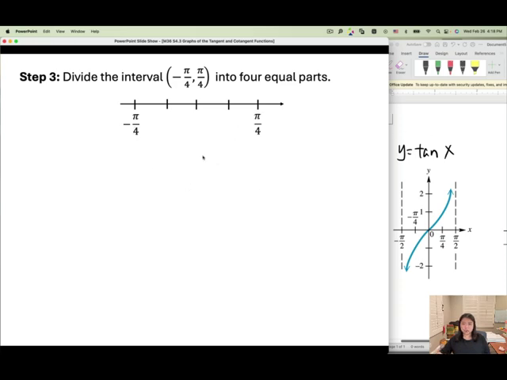Remember, add it up, divide by 2, that will be the midpoint here, which is going to be equal to 0. And then negative pi over 4 plus 0 divided by 2, you're going to get negative pi over 8. Same idea for this guy. Add it up, divide by 2. So you got pi over 8 here.